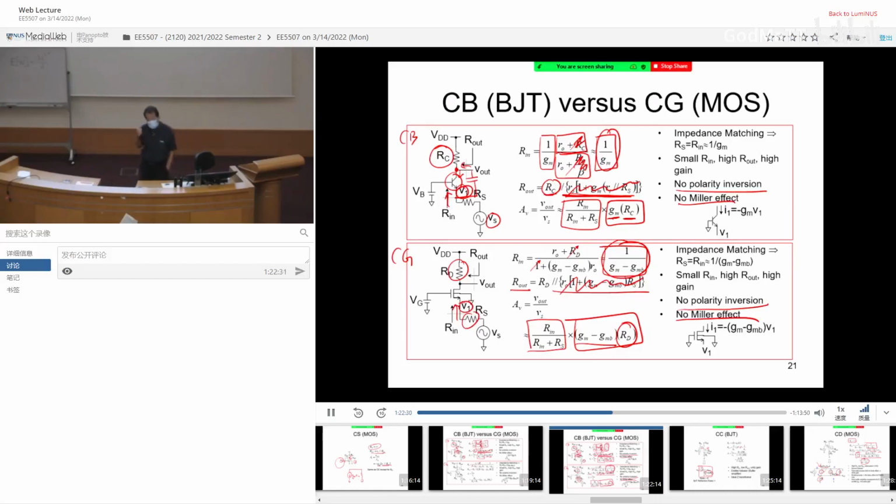Does anyone know why we need to match impedance? Anyone? Maximum power transfer. In normal voltage amplifiers, a lot of students are confused by circuit lecturers. Sometimes they talk about maximum power transfer, where impedance needs to match. Sometimes they talk about voltage dividers, where resistance needs to be maximized.